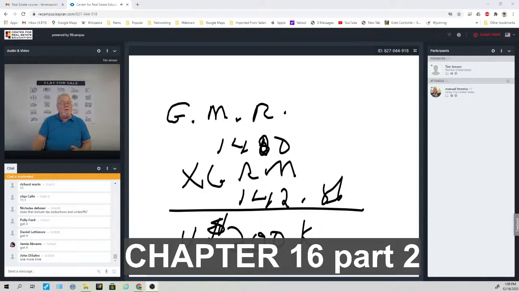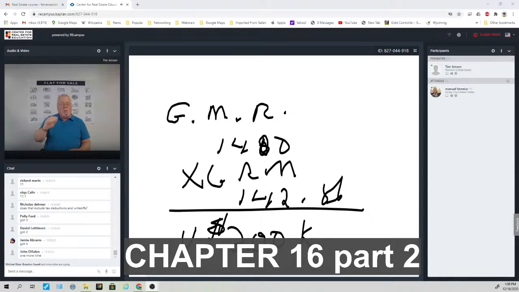Anybody not understand how a gross monthly rent is used as a means to determine value? One more time. By using a gross rent multiplier, the number I'm interested in is the gross monthly rent that's produced by the building.